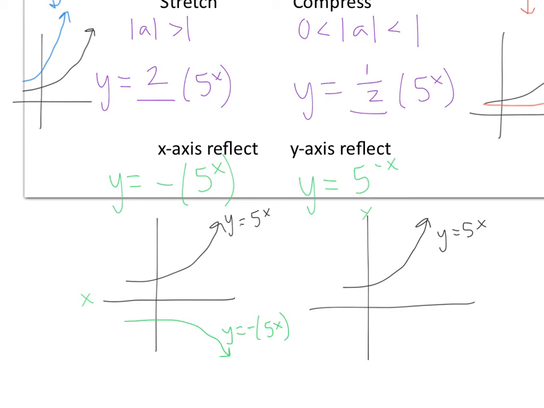Okay, similarly with a y-axis reflection, I reflect over the y-axis. So same shape, nothing changes, I just reflect that over the y-axis. So what that will look like will be this. So as you can tell, same shape, just reflected over a certain axis.